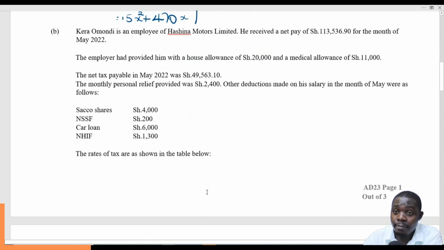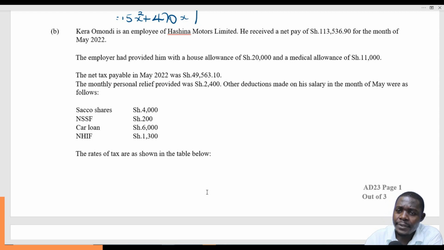Question number B. Omondi is an employee of Heshina Motors Limited. He receives a net pay of 113,336.90 cents for the month of May 2022. The employer had provided him with a house allowance of 20,000 and medical allowance of 11,000. The net tax payable in May was 49,563.10 cents.